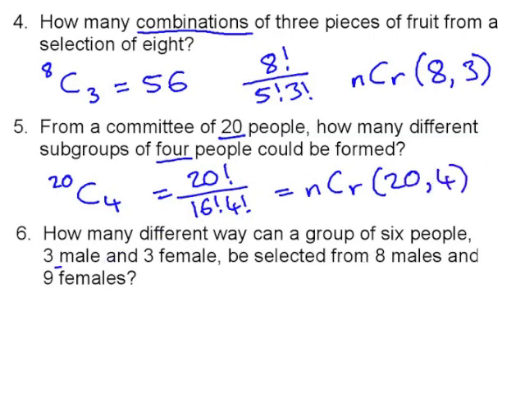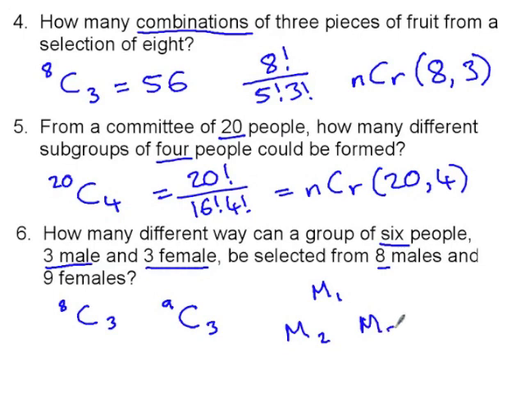In example number 6, we're not just choosing 6 people in total, but we want to specify that we do actually want 3 males and 3 females. So in total we've got 8 males and 9 females. To select the 3 males, I need to do 8 choose 3. And to select the 3 females, I need to do 9 choose 3. Now what do I do with these two numbers? Well, I've got my groups of males here, and there are however many you found of those.